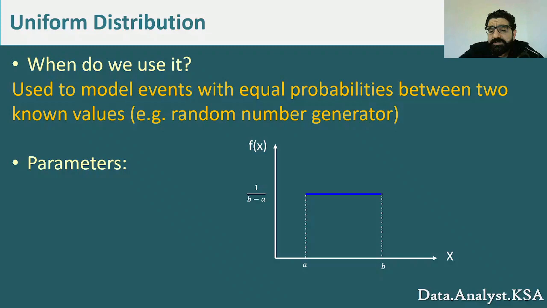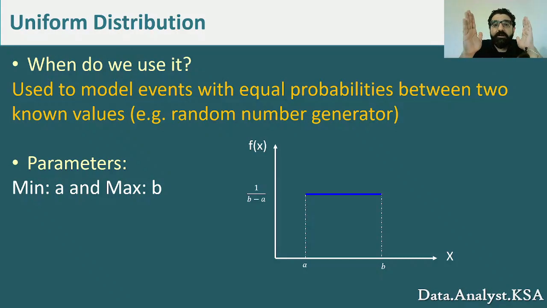So what parameters? As we mentioned in the last episode, one of the useful things about modeling our real-life events with a common probability model is that we will only need a few parameters and we will understand everything about the distribution. So what parameters do we need for a uniform distribution? Very intuitively, it's the minimum and the maximum. So it's alpha and beta, or A and B. As long as I know what my limits are, I know that everything between those two limits has the same probability or the same density of appearing in my sample.